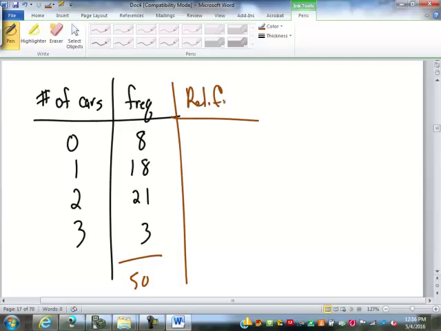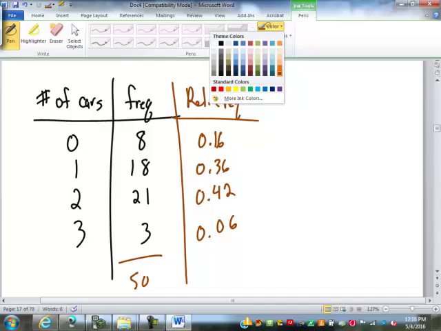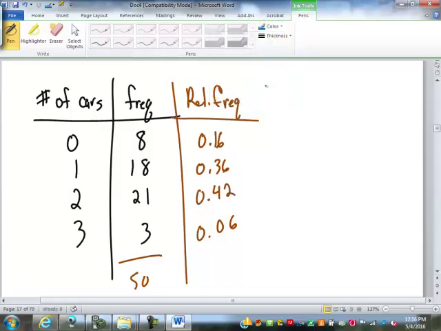So our relative frequency would be 8 divided by 50, 0.16. 18 divided by 50 is 0.36. 21 divided by 50 is 0.42. And 3 divided by 50 is 0.06. Those better add up to 1.